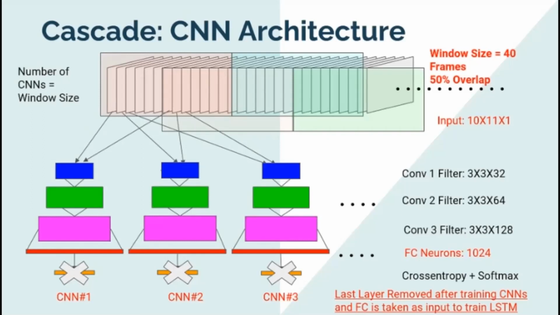Then there is a 1024 neuron fully connected layer, and finally a 5 neuron layer which produces a loss using cross entropy and softmax. Please note that there are no pooling layers used. After training the 40 CNNs, the last 5 neuron layer was chopped off, and the output from the 1024 neuron layer is taken as an input to the LSTM.